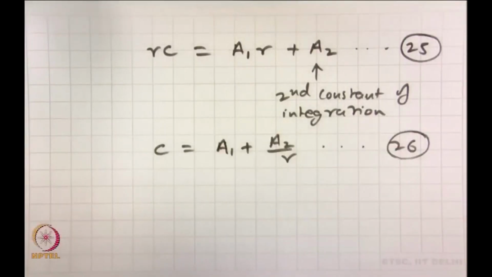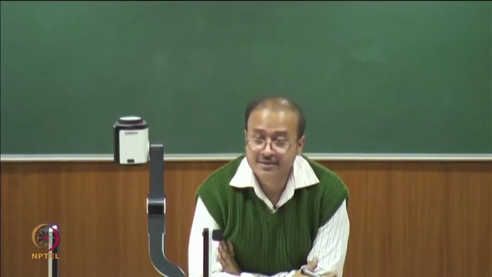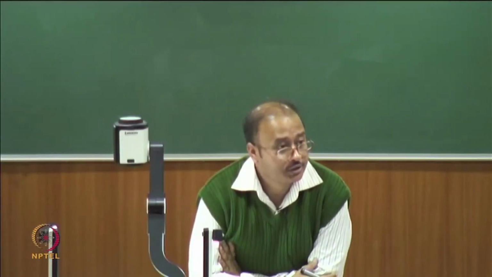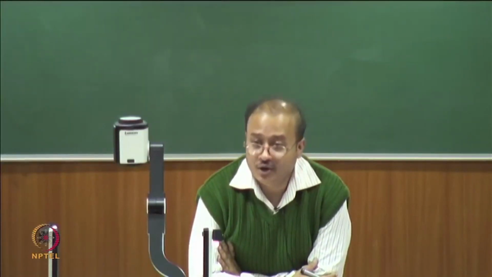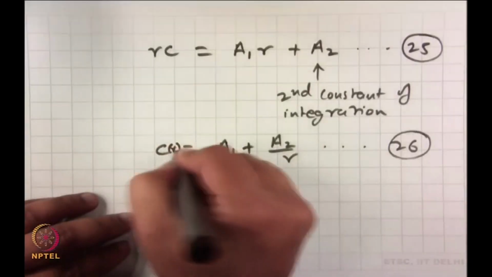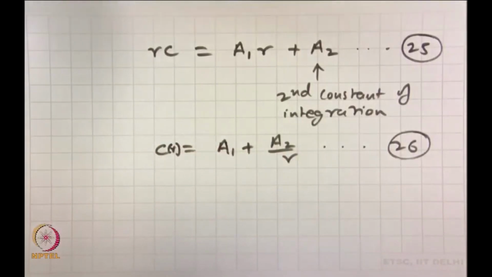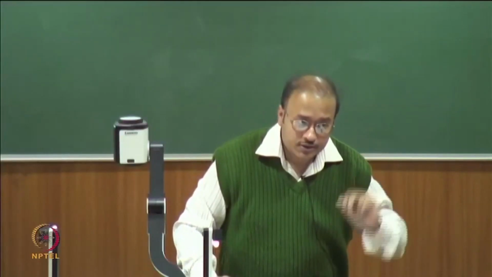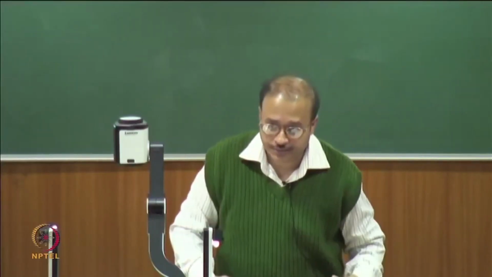A 1 and a 2 being constants. Now, you will realize you have one equation where concentration is dependent upon r. So, I can write this as c of r, just to be mathematically rigorous. A 1 and a 2 are two constants, but I have one equation.